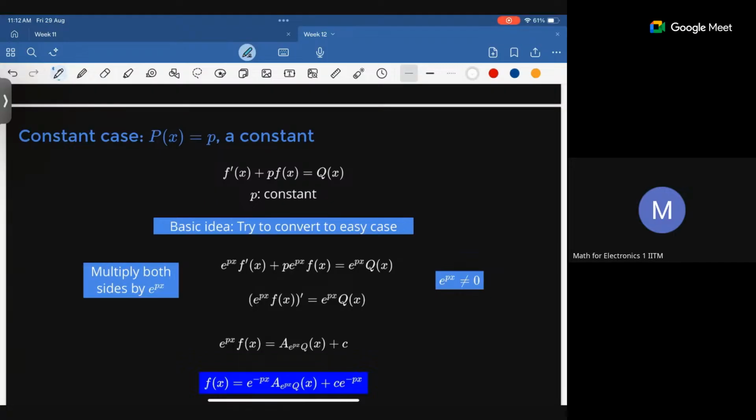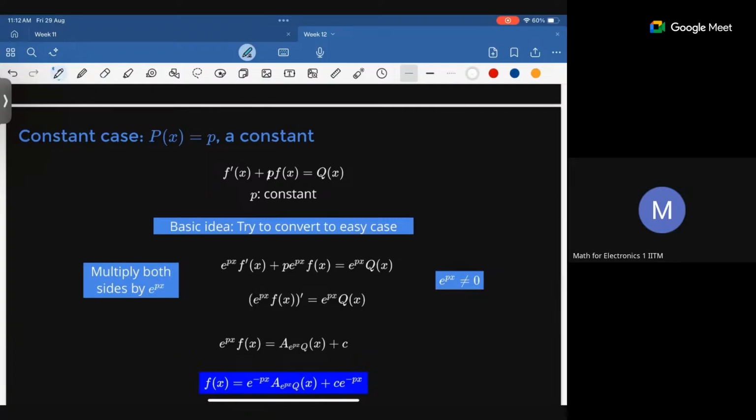Then what we can do is we multiply e power px. So whatever p you have here, you multiply e power px on both sides. And you will see that the left hand side will just become the derivative of e power px into f of x. And on the right hand side, you will have e power px into q of x.